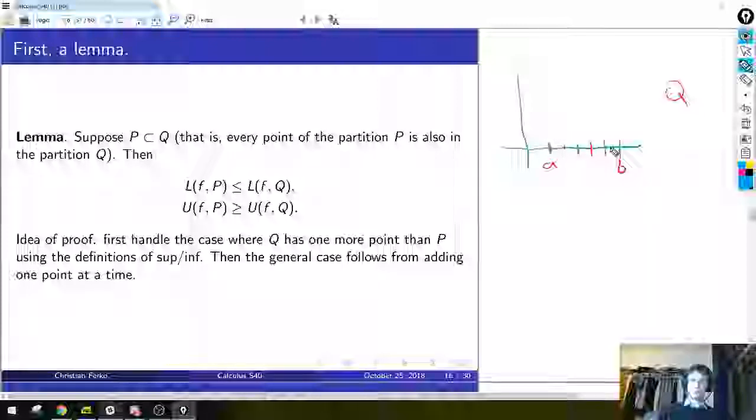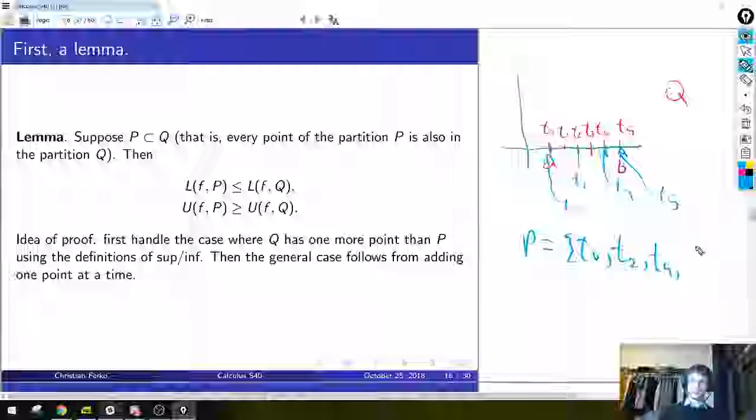So the blue ones, I guess it's hard to see what's going on here, but if Q is the partition which has T0, T1, T2, T3, T4, and T5 equals B, and the blue partition only has T0, T2, T4, and T5, so that's, again, just to really beat a dead horse here, if P is those points and Q is all of them, T0, T1, all the way up to T5, then clearly Q is bigger as a partition.